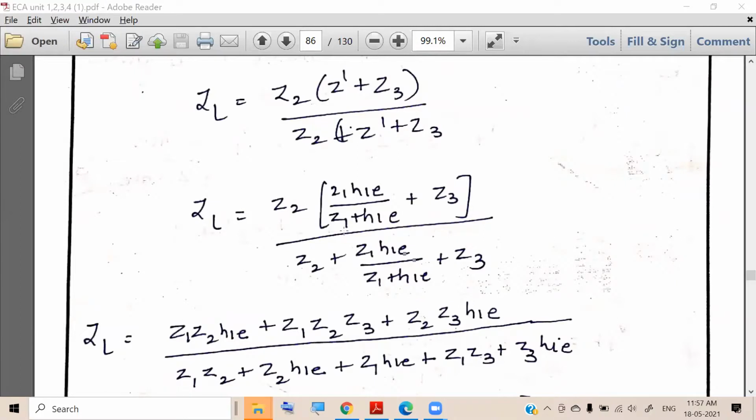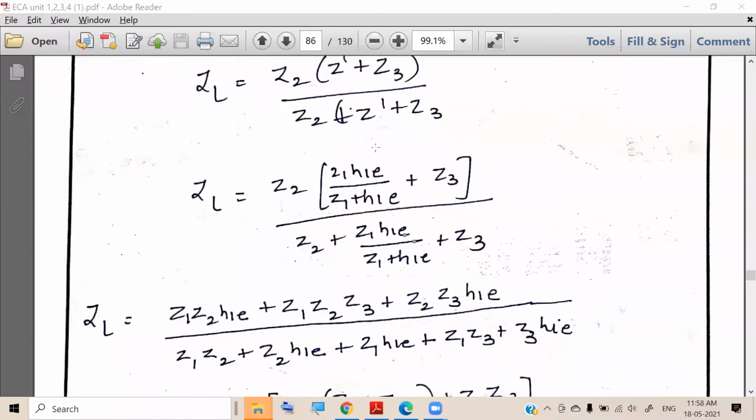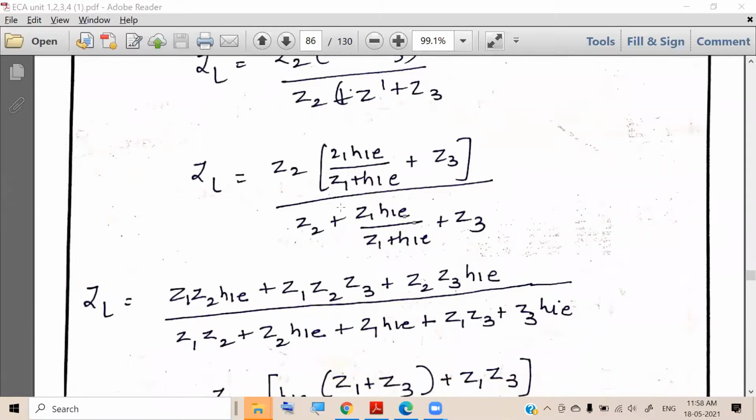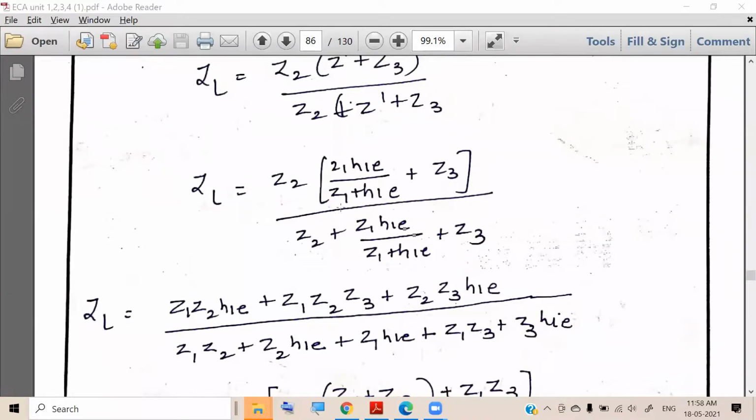To bring it into proper form, let us multiply the numerator term as well as the denominator term with Z1 plus HIE. Simple school level maths. This is in the form of x by y by z by w. We are not doing any magic, simply bringing it into proper form.